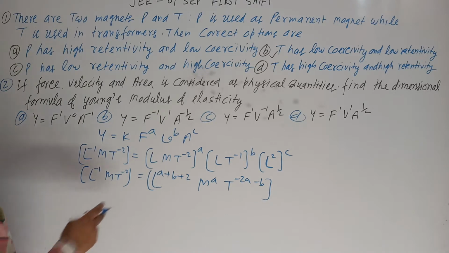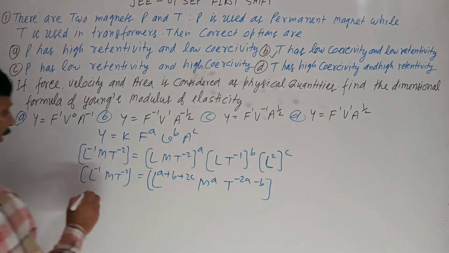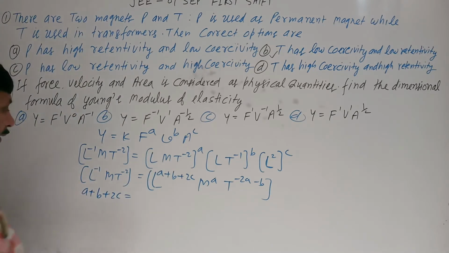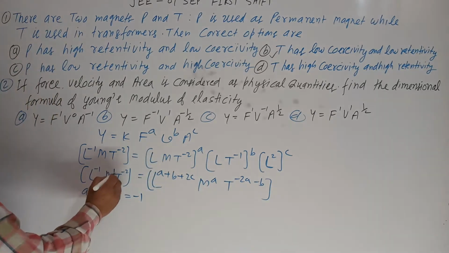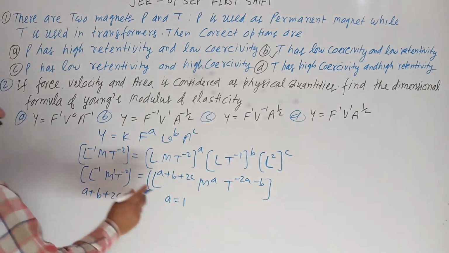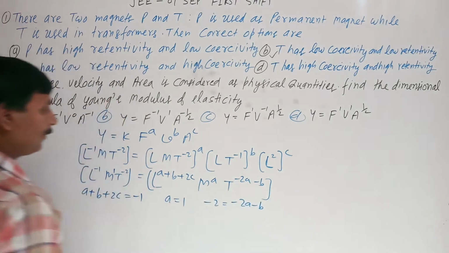Compare it. So A plus B plus 2C is equal to minus 1, m power 1, m power A, so A is equal to 1.